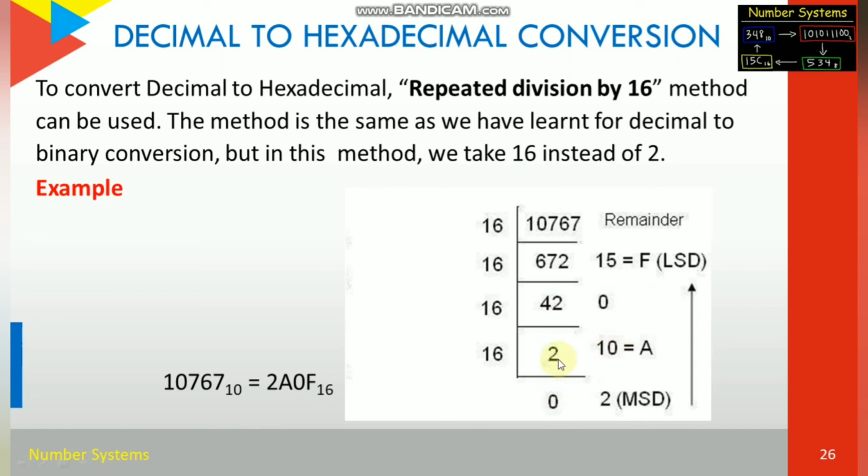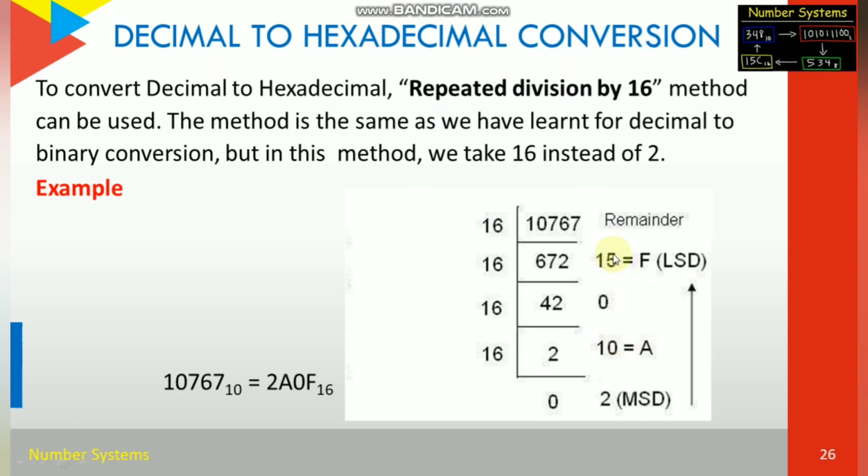You cannot divide further, because here you got the least number. The preceding is 0, so therefore your number is 2. From here your answer will start. So 2, 10, 0, 15. Since this is a hexadecimal number, we are getting 10 and 15 here.